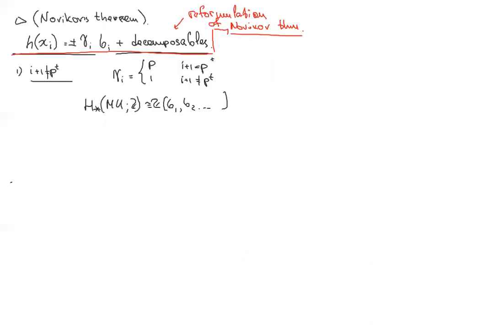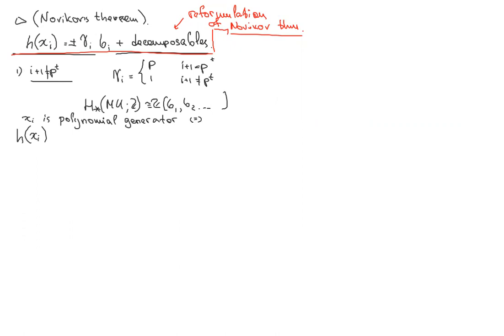So I want to claim that h of xi, so if xi is a polynomial generator, if and only if, so let's see here.